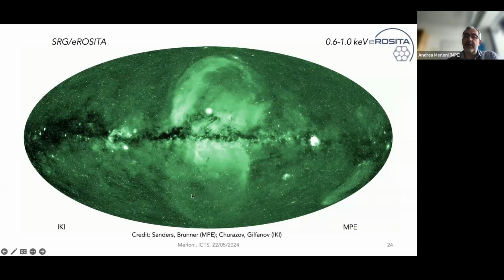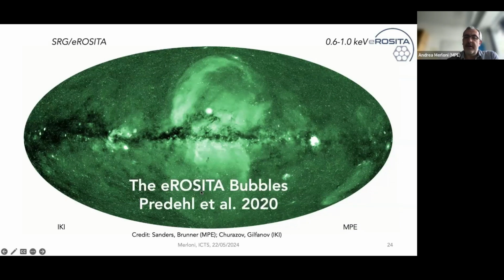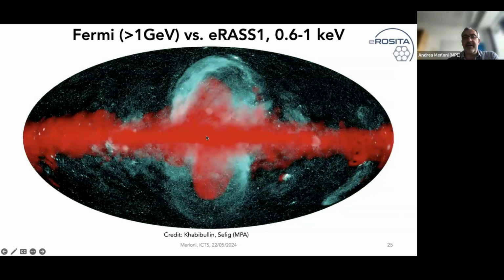But the symmetry between north and south that eROSITA discovered made us believe that what we are actually looking at is a bubble-like system that we called the eROSITA bubbles, in this paper by Predehl et al. in 2020, also due to the similarity with the Fermi bubbles.